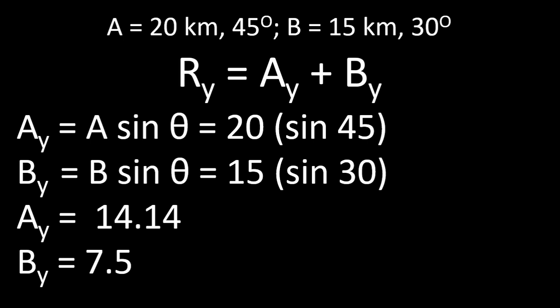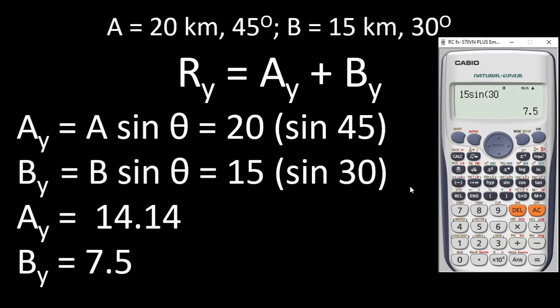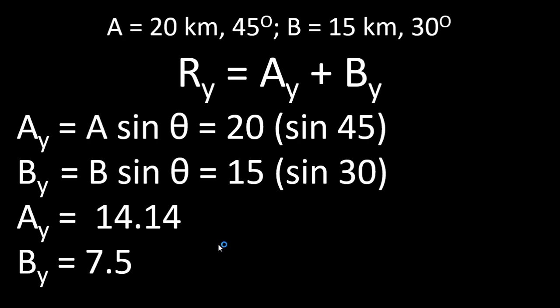Now let's add the two using the formula Ry equals Ay plus By. 14.14 plus 7.5 equals 21.64.